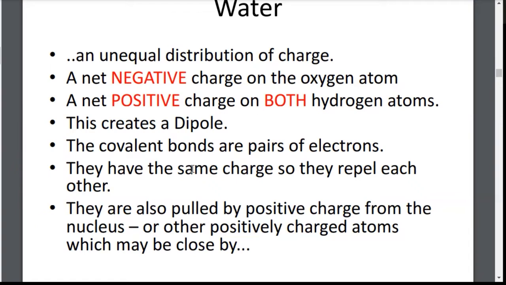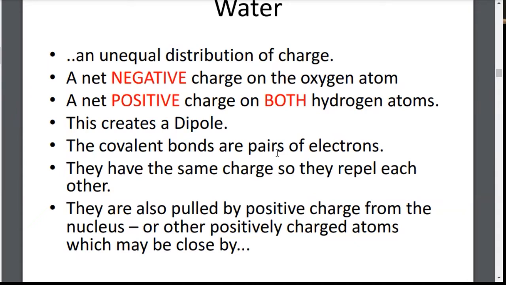Because the covalent bonds are really just pairs of electrons, they have the same charge. Now in science, whenever you have two of the same thing, positive and positive, negative and negative, or if you've done magnets, north and north, if you get two of the same things coming towards each other, they come to a point where they repel each other, they push each other apart.